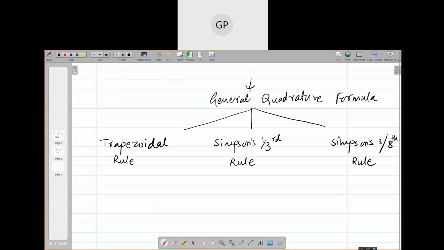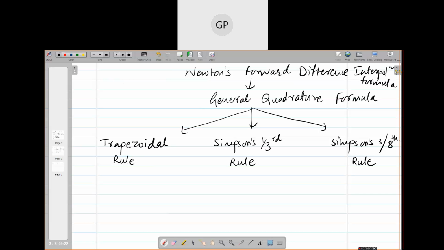This general quadrature formula comes from Newton's forward difference interpolation formula. Do you understand the order in which we are going to proceed? Yes, ma'am. Okay, so this is absolutely mechanical in nature.